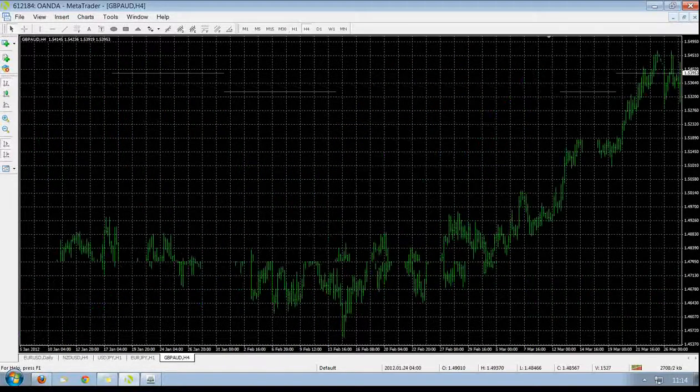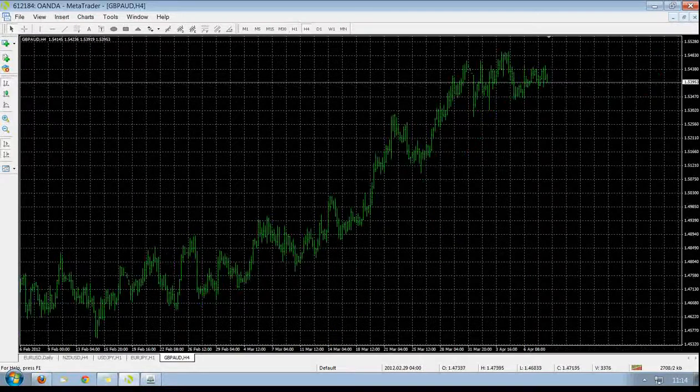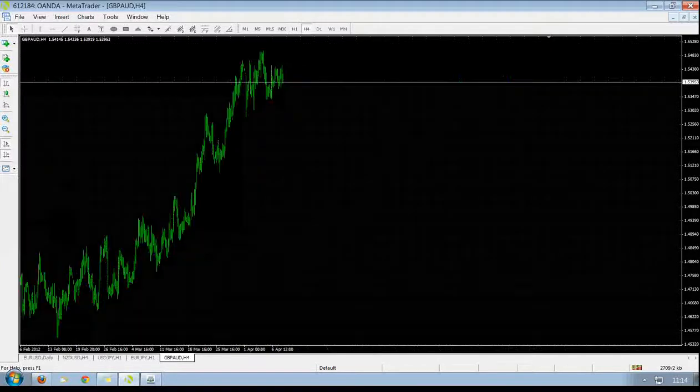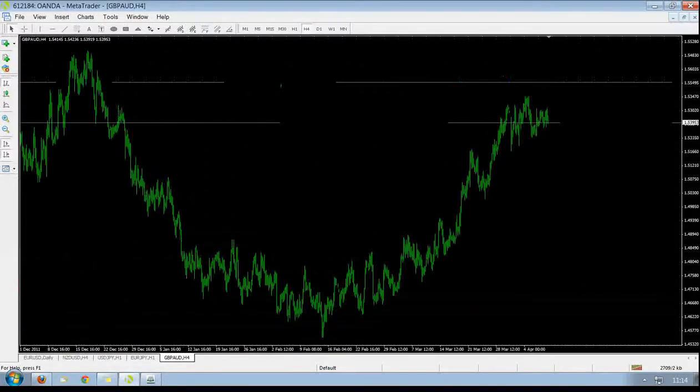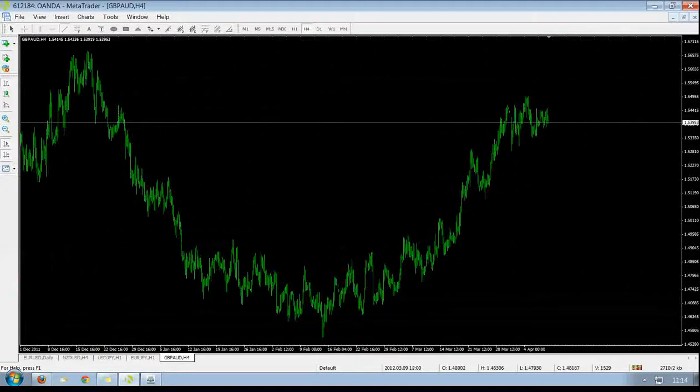So here we go. These walls, you can have them in any direction you like.